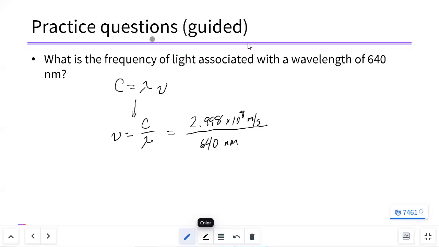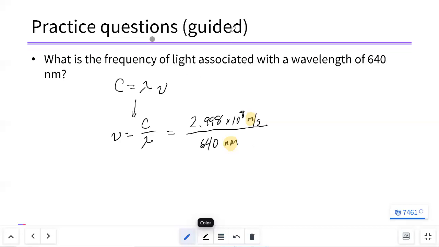On one hand, I've got meters. On the other, I've got nanometers. Meters and nanometers are not the same unit. They're the same kind of measurement, both measurements of distance, but they're not the same unit. I need to convert one into the other to get it to work out.